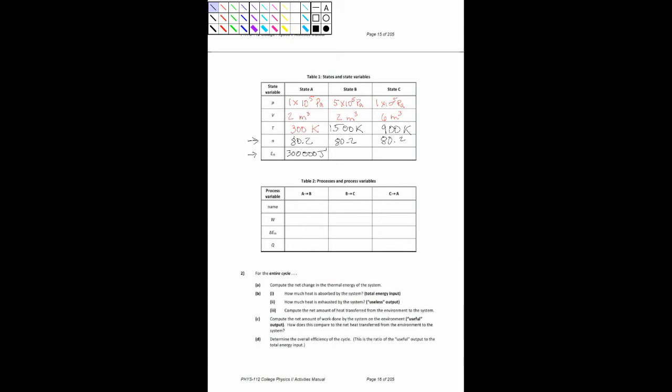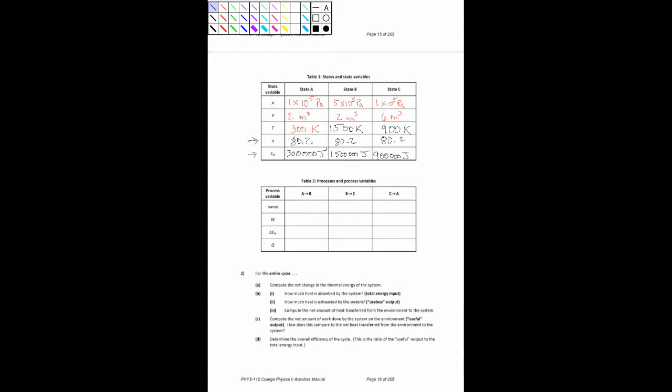And what you'll find, and you should check this yourself, at state B the thermal energy is 1,500,000 joules. At state C it's 900,000 joules. Alright, so that is our table 1.